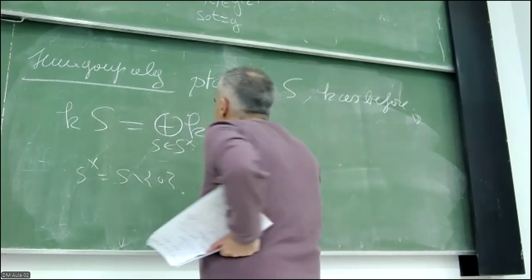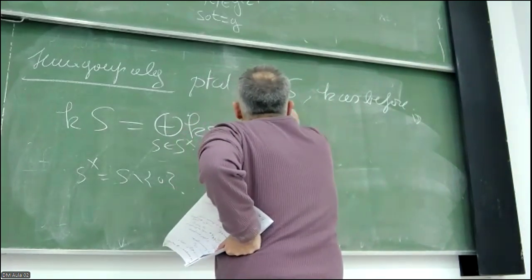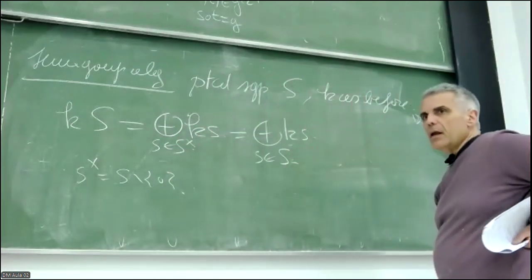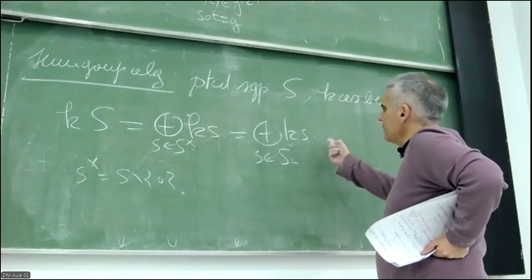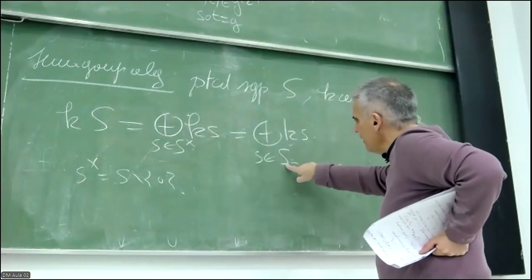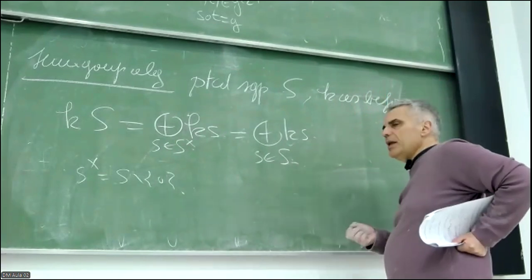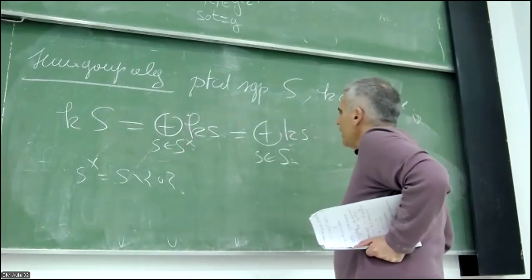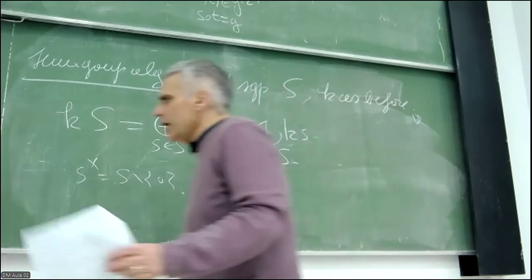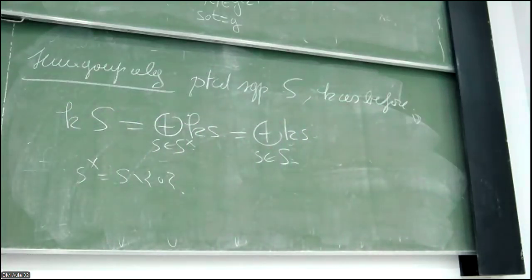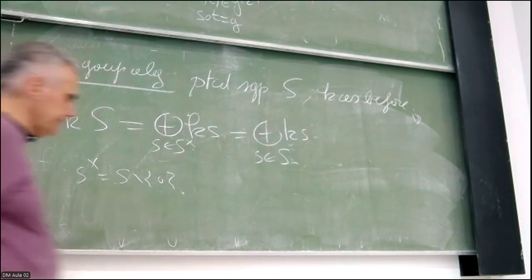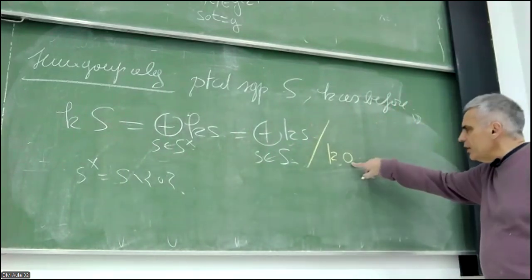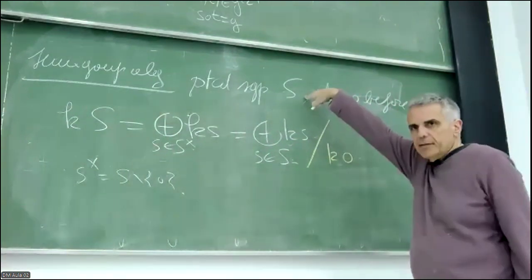One way of saying that is, I take the sum of the Ks for all s in S, which is an algebra with the product of S, but then in this algebra there will be the 0 of S and the 0 of the K-module. So to make these two zeros one and the same, I just divide by the multiples of 0, the 0 of S. Okay?